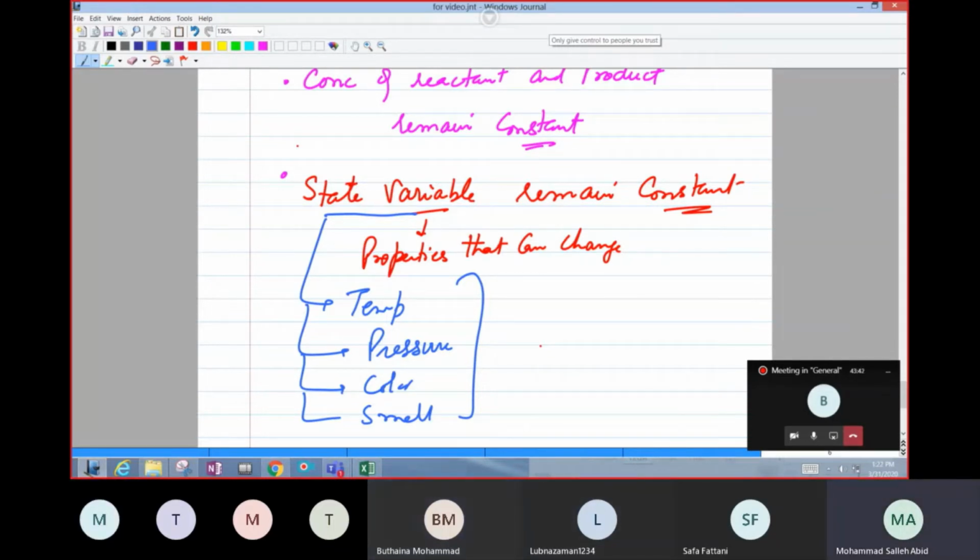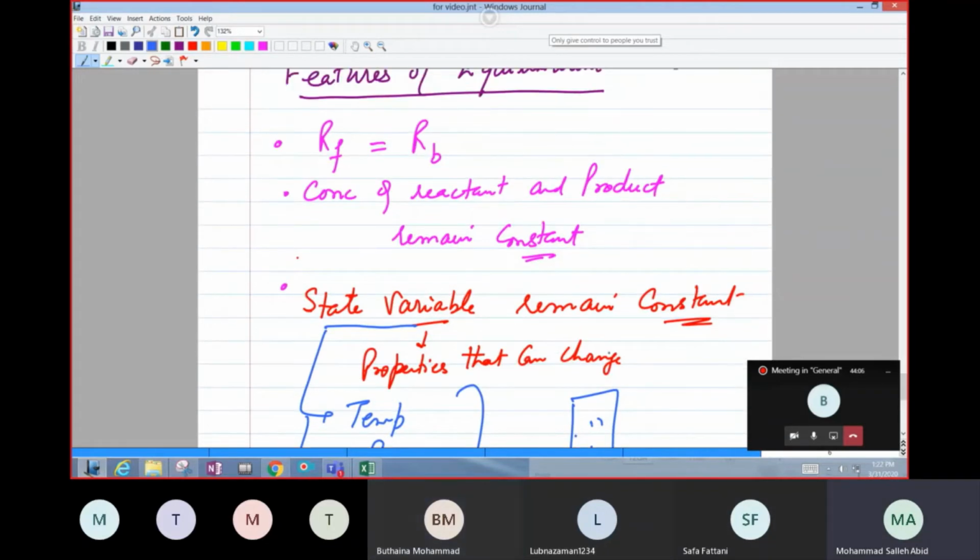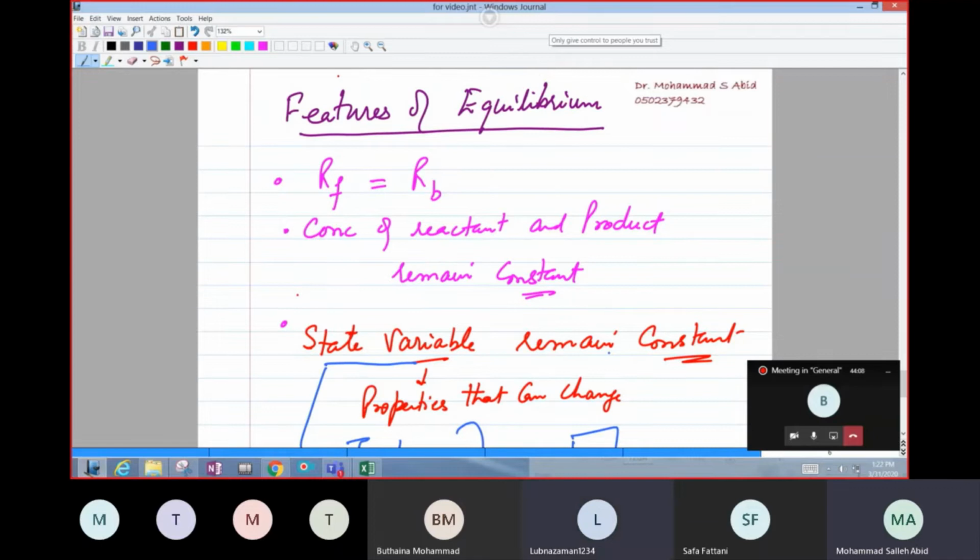The reason is the reaction is still going on, so the reactants and the products are together. So you will not know the changes over there. But temperature you can measure, pressure you can measure. You're getting the point? In a beaker, the reactants and the products are together, so you cannot figure that out. Okay, so these are the three main features of equilibrium.